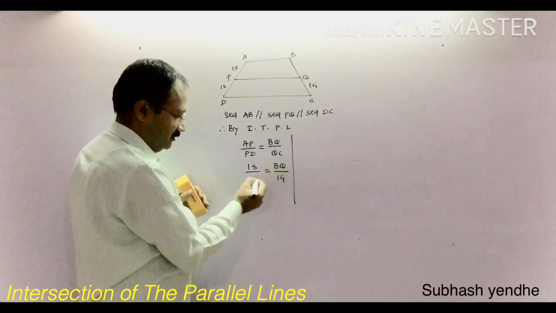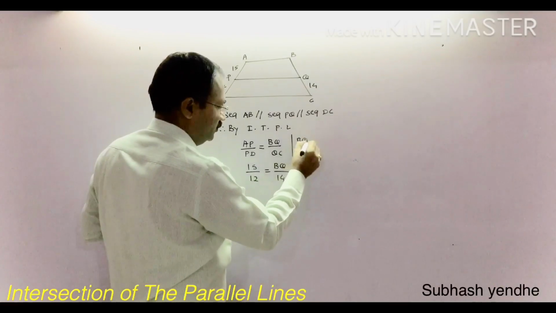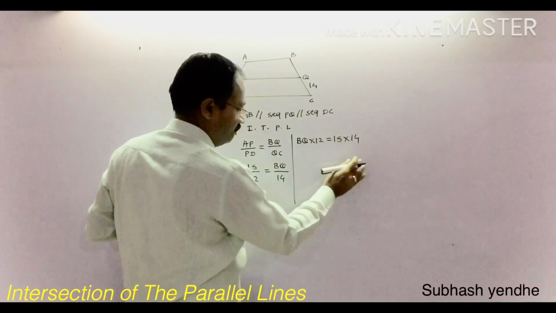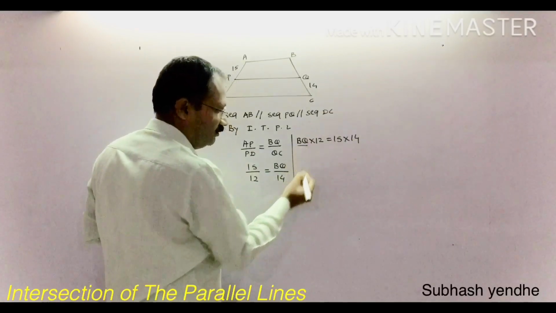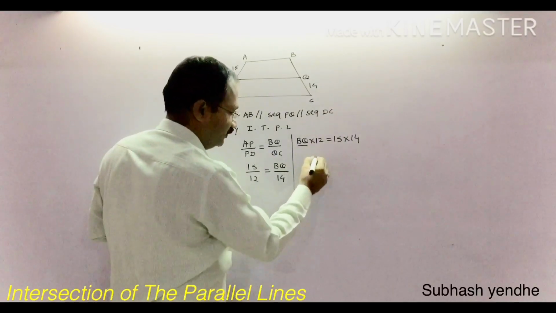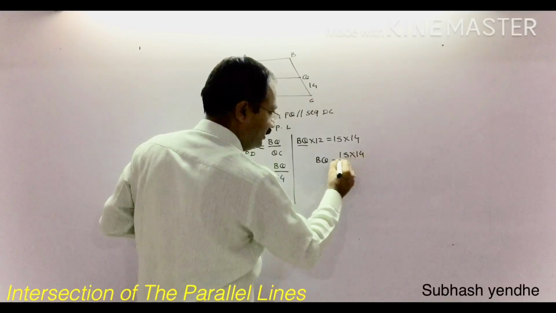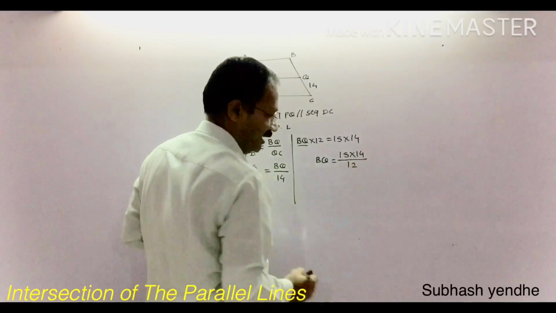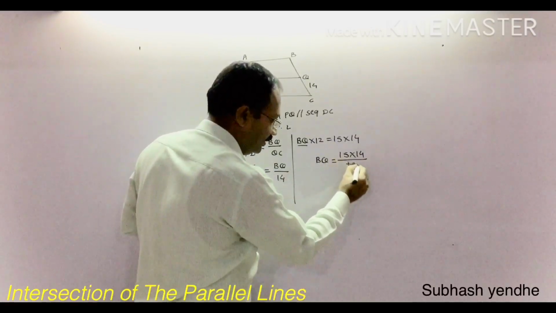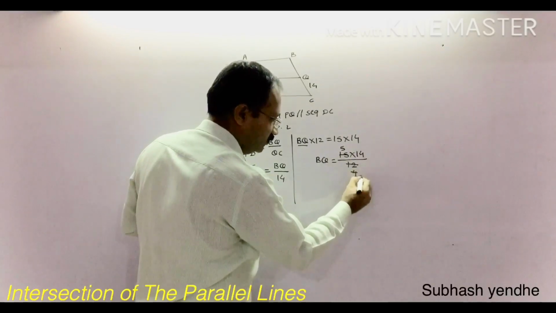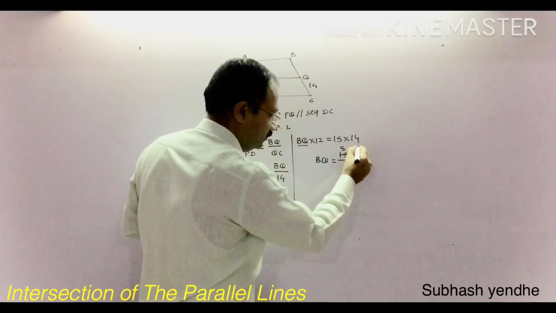Now what you have to do? Cross multiplication. BQ into 12 equals 15 into 14. Now I want to find the value of BQ, so 12 goes to the other side. BQ equals 15 multiplied by 14 divided by 12. So 3 fours are 12, 3 fives are 15, 4s are 14, 2 sevens are 14.